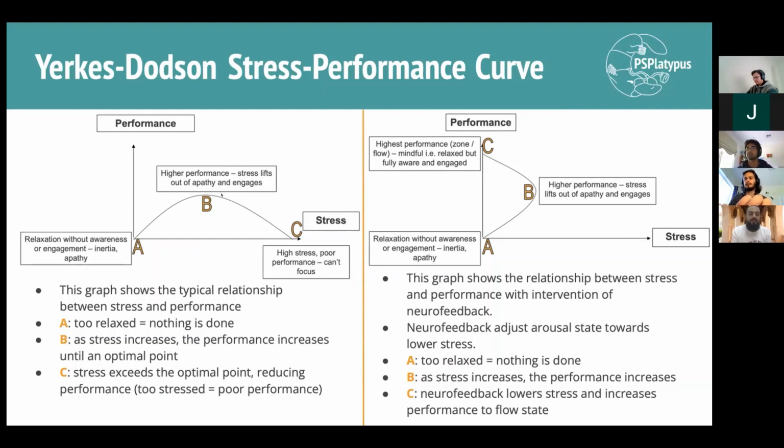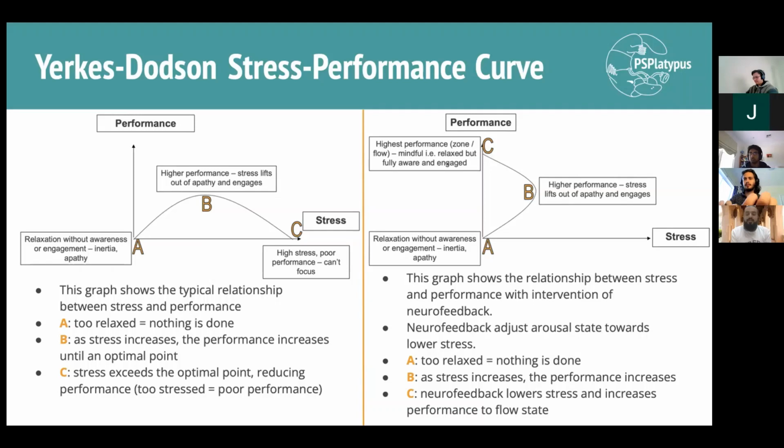And then after this point, we're actually getting more stress and we will be too stressed, which reduces our performance until we reach the highest stress and cause us to make poor performance.